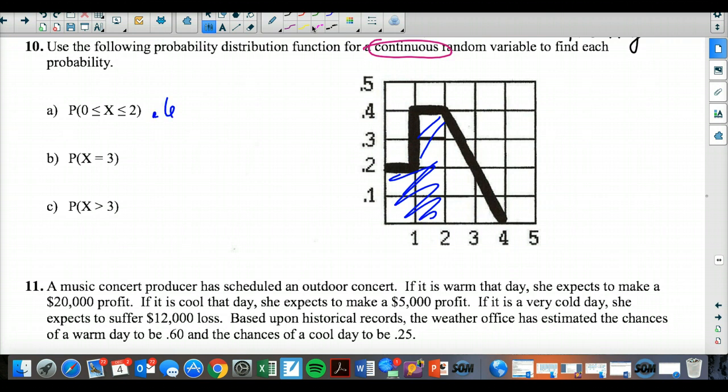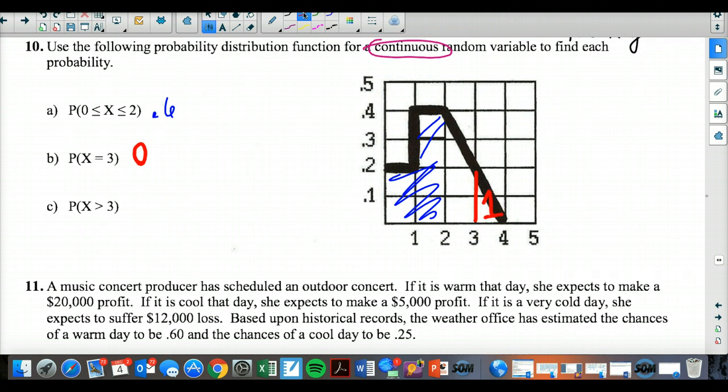Now, this is the best visual for what is exactly 3. Does the value exactly 3 have any value at all? No, it is the line between 2 and 4, right? Less than 3 and greater than 3. The probability of being 3 is 0. Now, what is the probability of greater than 3? It's 1.